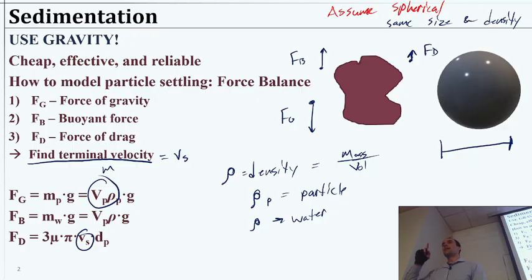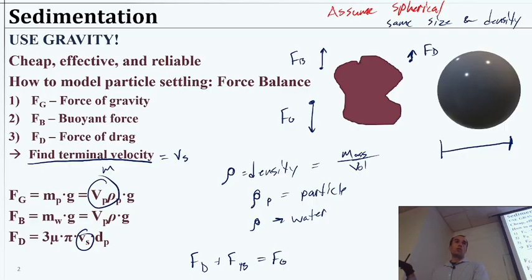But what we see here is that the velocity term is there, and that's what we want to solve for. So in order to solve for that, all we really have to do is find the scenario when the force of drag plus the buoyant force is equal to the force due to gravity.